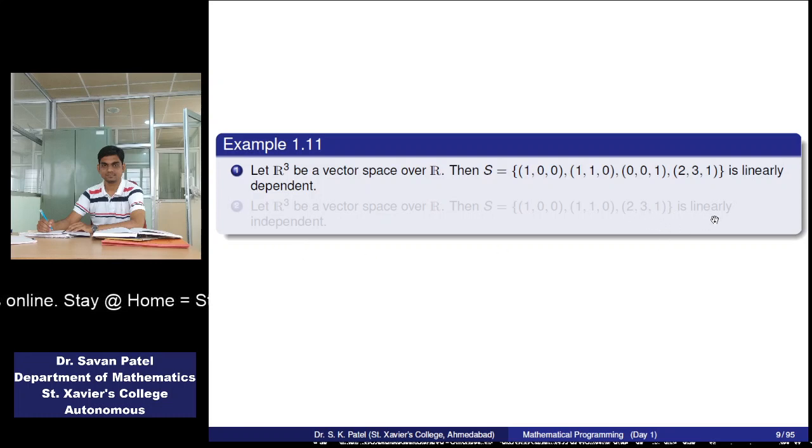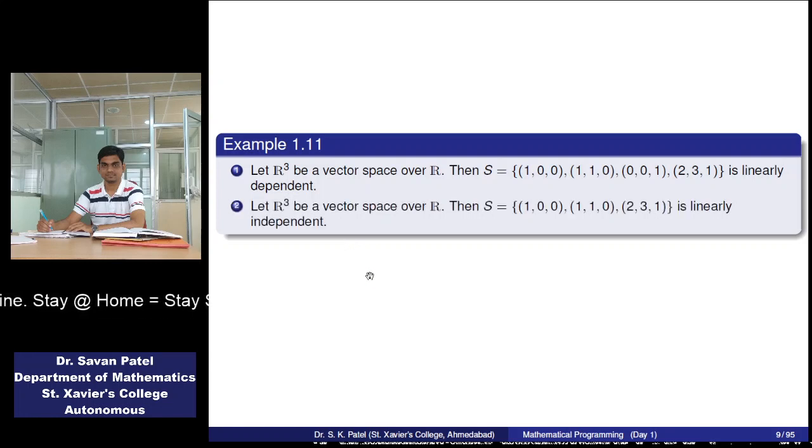Because subtracting this from here we get (0,1,0), and using a linear combination of (1,0,0), (0,1,0) and (0,0,1), we can write (2,3,1). So (2,3,1) can be written as a linear combination of the previous 3 vectors, and hence (0,0,0) can be written as the difference of these 4, and we end up at 0 as a linear combination of these four vectors without using 0 as a scalar. So it is linearly dependent, or you can try it at home.